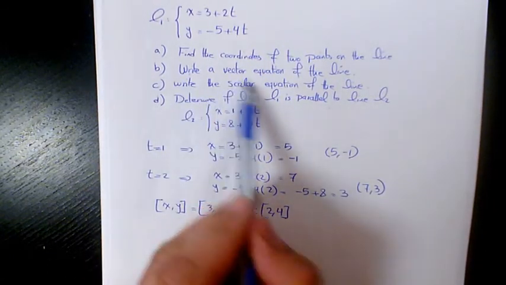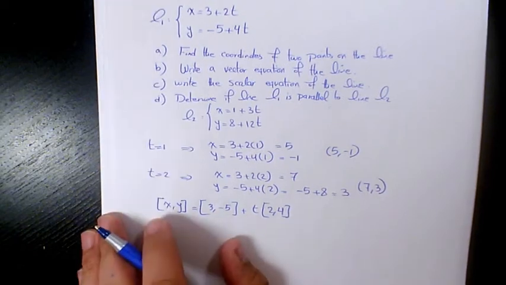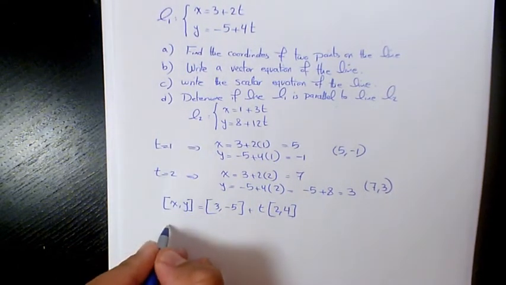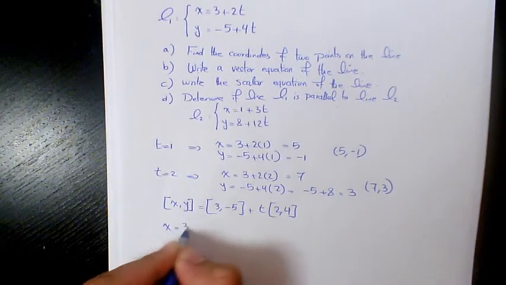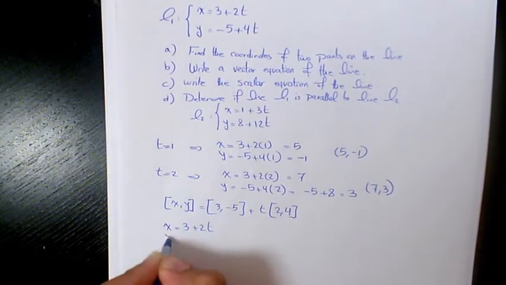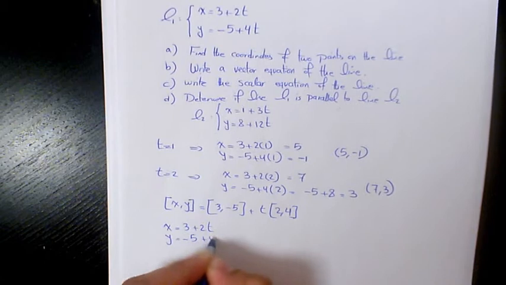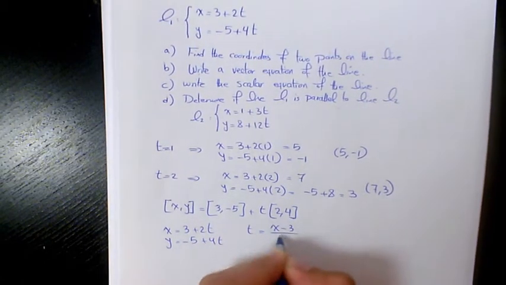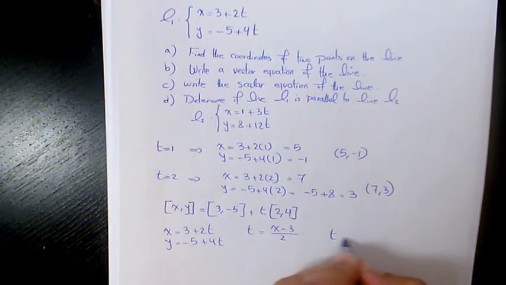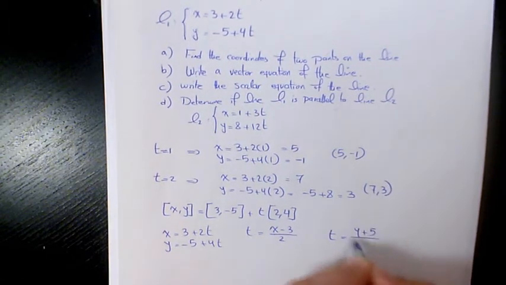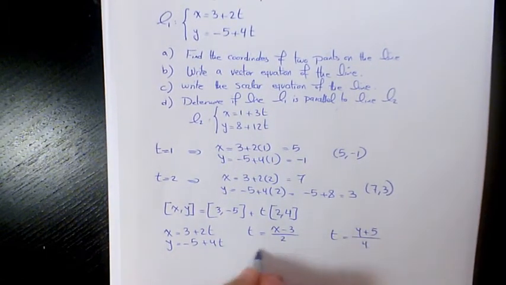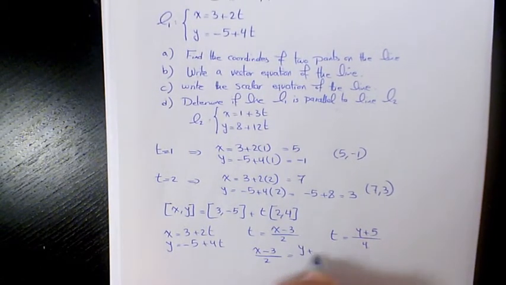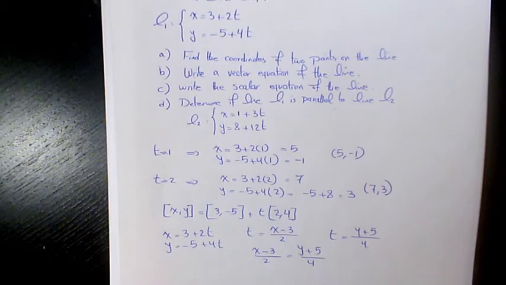Then write the scalar equation of this line. How do we write the scalar form? We have x equals 3 plus 2t, y equals negative 5 plus 4t. It means that t equals (x minus 3) divided by 2 and t equals (y plus 5) divided by 4. The t's are equal, so (x minus 3) divided by 2 equals (y plus 5) divided by 4.